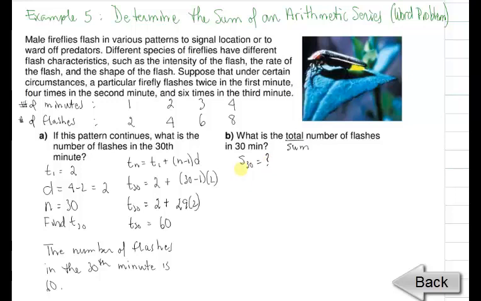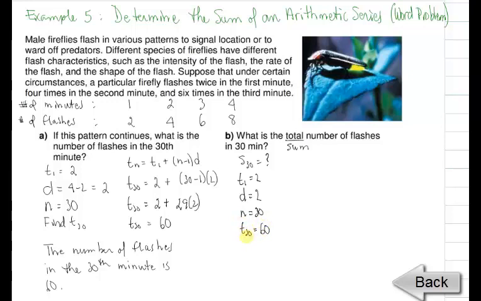So what do we know? Well, we know that T1 is 2, we know that D is 2, and we know that N is 30. And we also know that T30 is 60, okay?